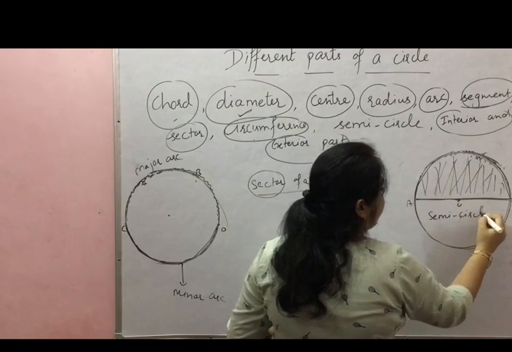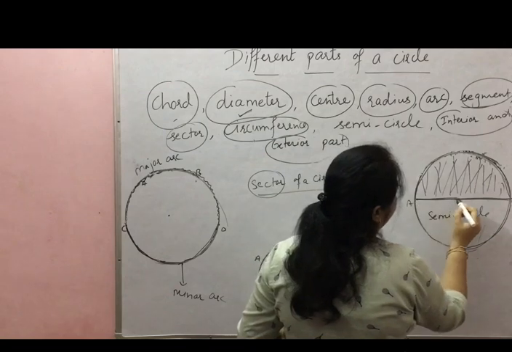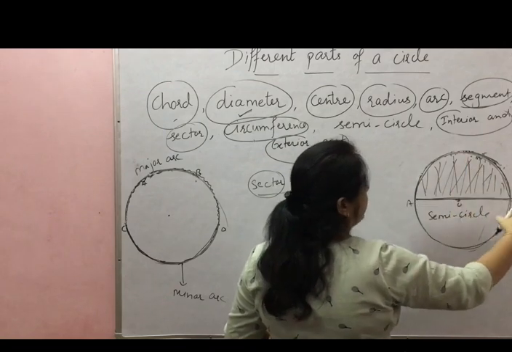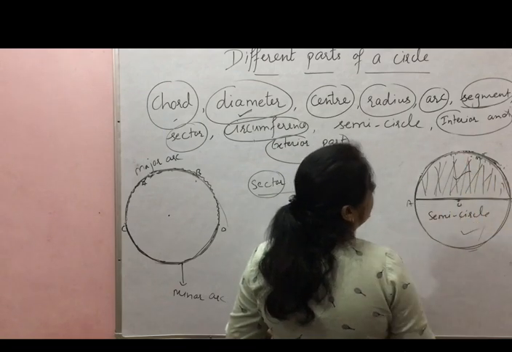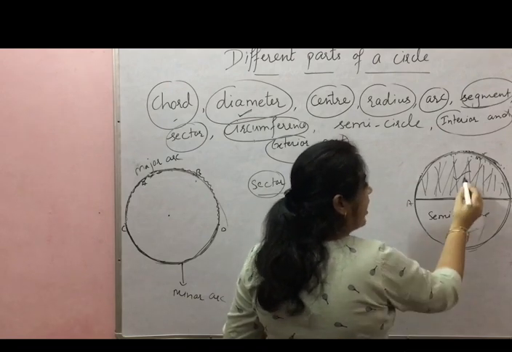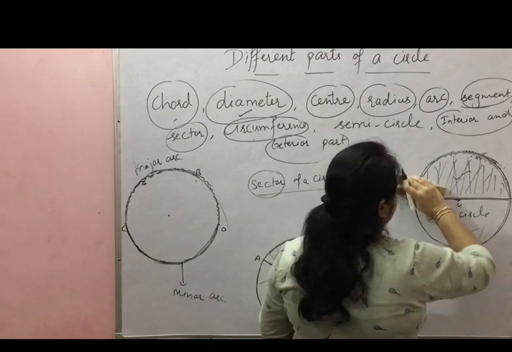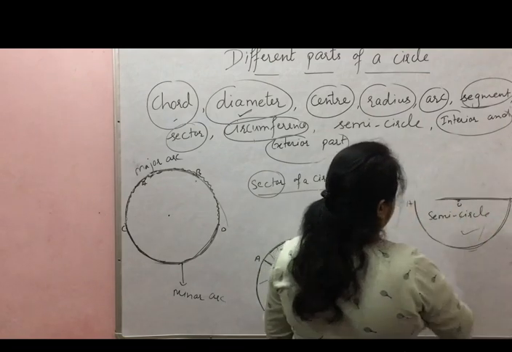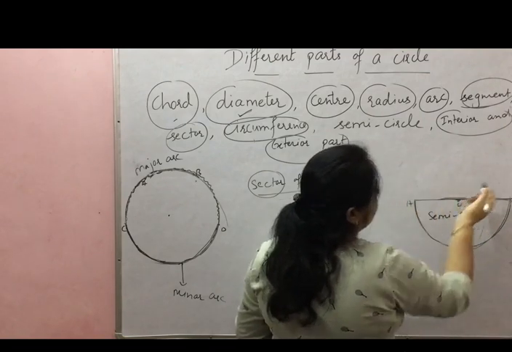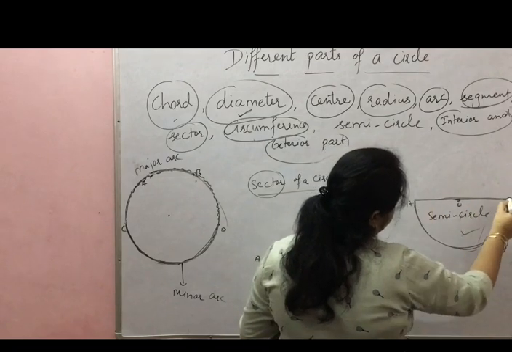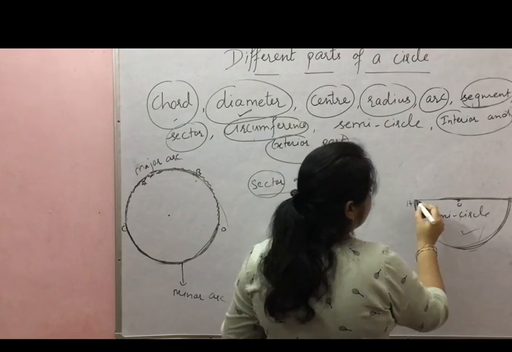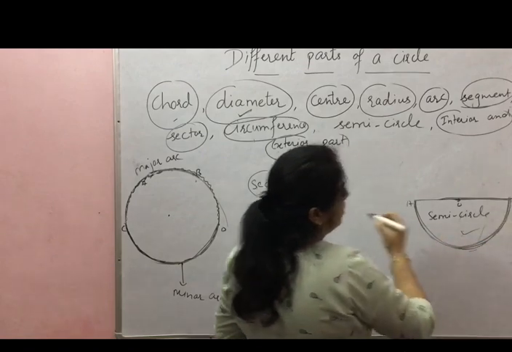So what is a semicircle? If a diameter divides a circle into two equal parts, then each part is called your semicircle. This upper one was also a semicircle, so this one is also your semicircle. So what is a semicircle? Half of the circle.